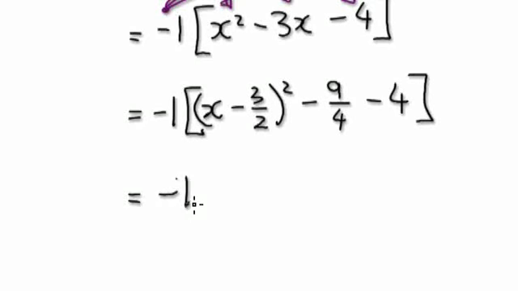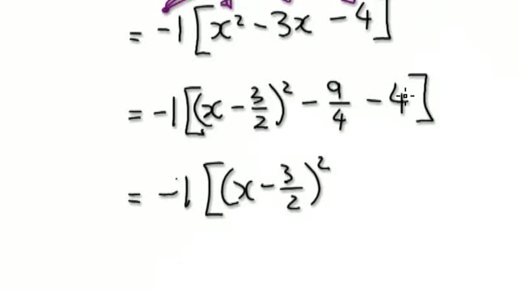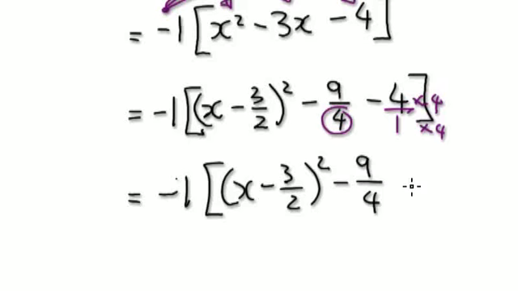So it will be minus 1 square bracket, x minus 3 over 2 squared. Let's turn this into a fraction, and multiply top and bottom by 4, just so that we can merge the two denominators together. So this would be minus 9 over 4, and then we've got minus 16 over 4.